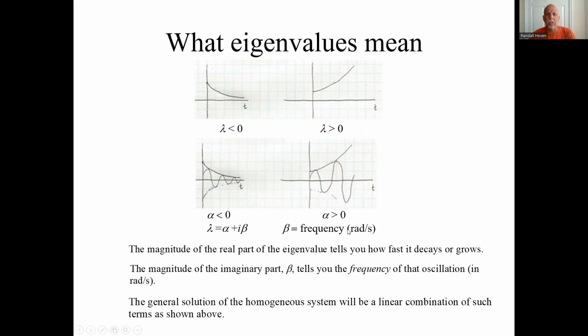Inside, it will be oscillation at beta. So the eigenvalues tell you quite a bit about the behavior of the system. And that, boys and girls, ends my entire module 2, which is all about matrices, at least the parts I teach in engineering math.